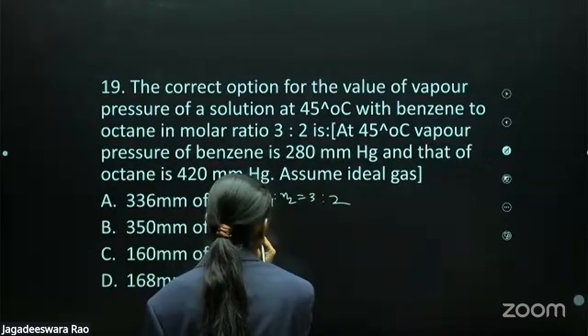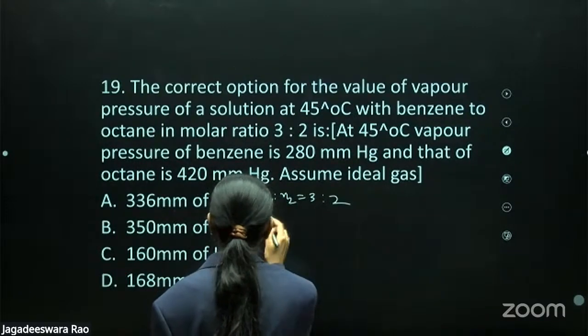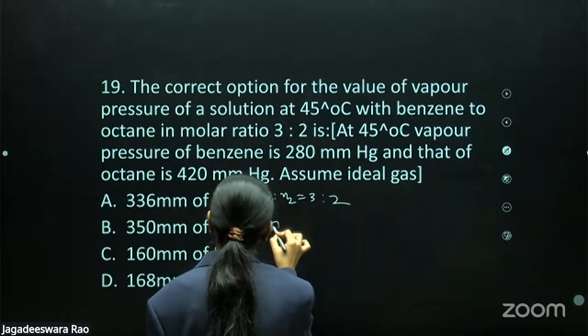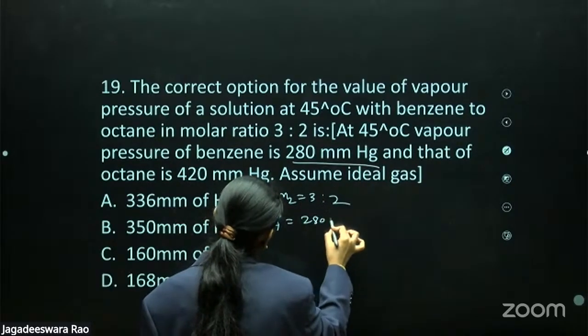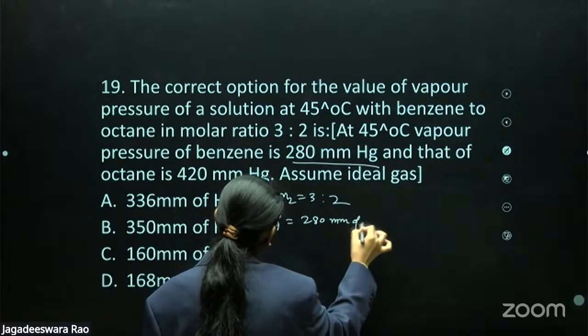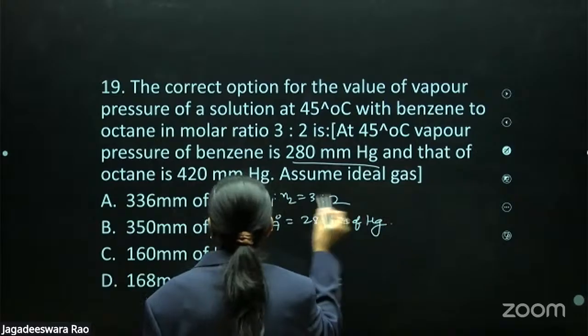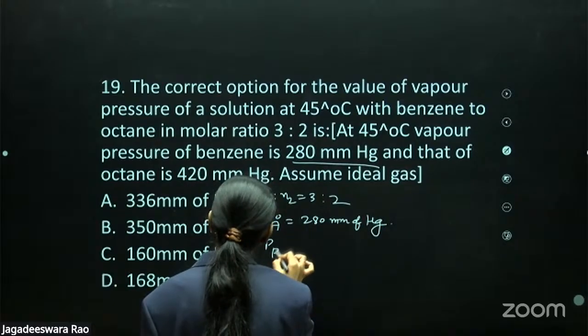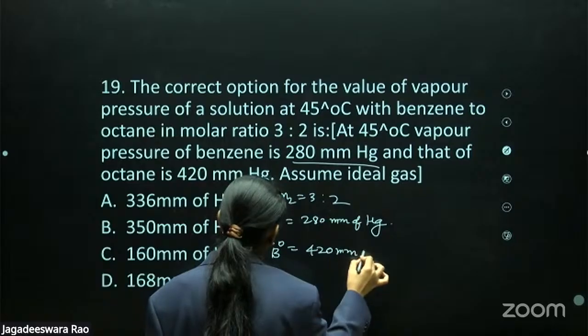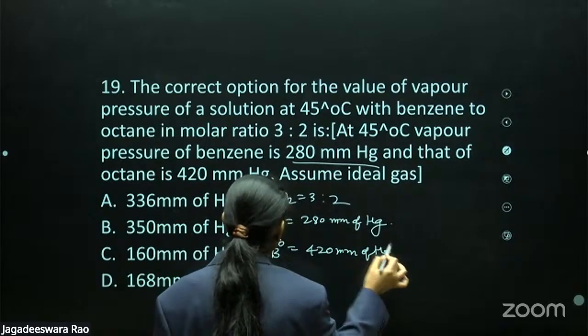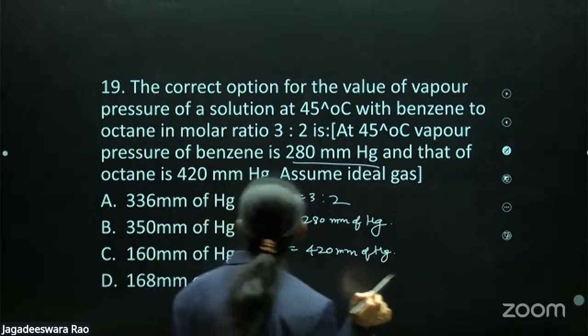Then the vapor pressure of benzene. Assume benzene is the first one. So PA naught of benzene is 280 millimeter of mercury. Then octane, that is PB naught, is 420 millimeter of mercury. Now consider both of them, that is P total.